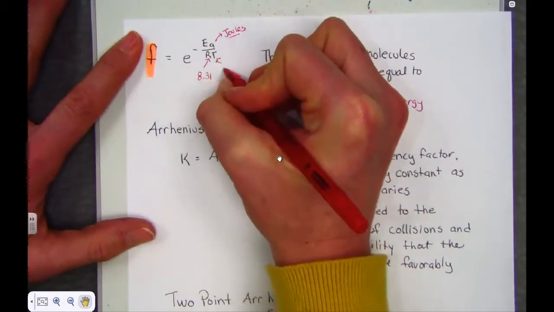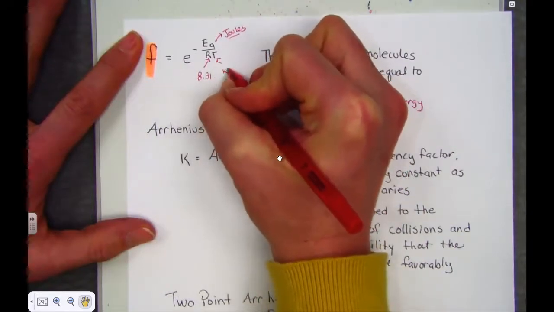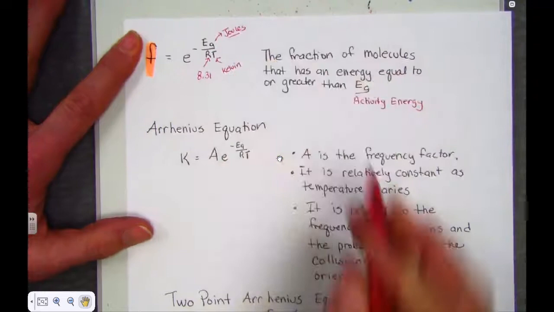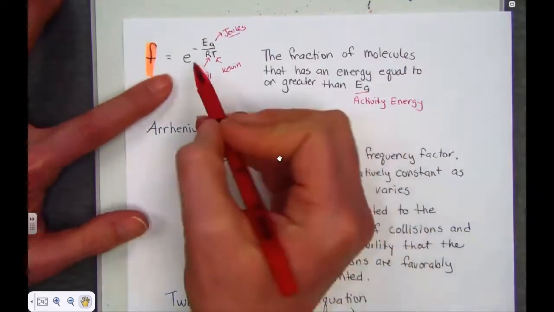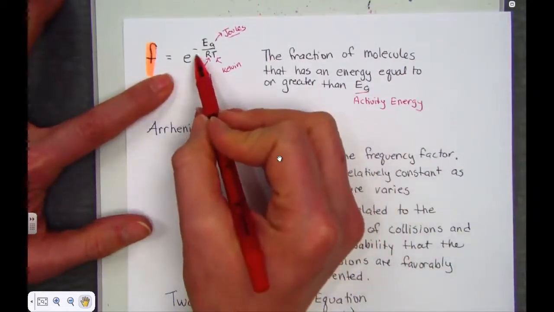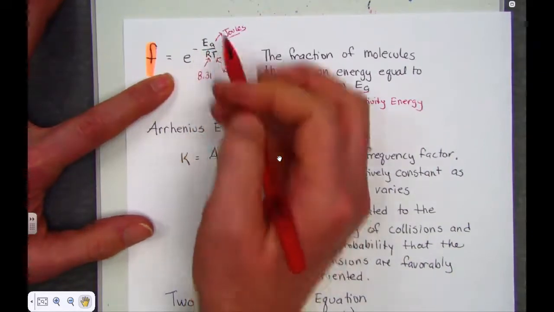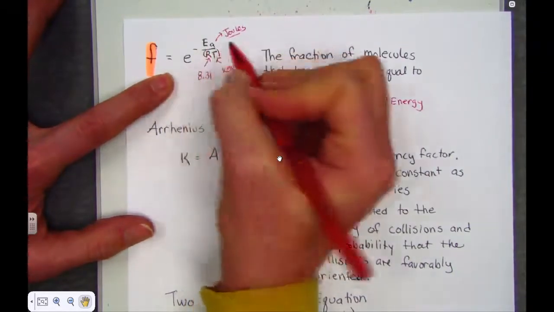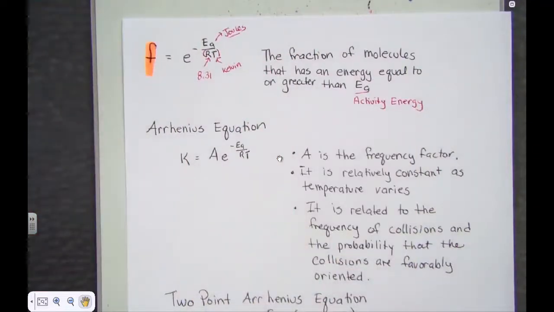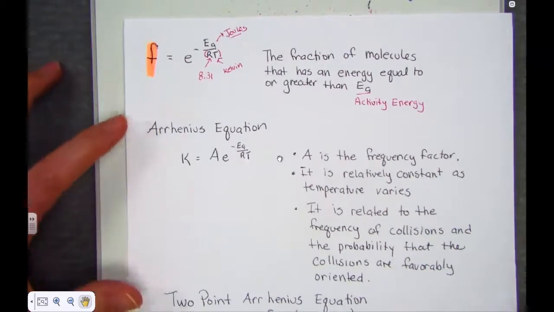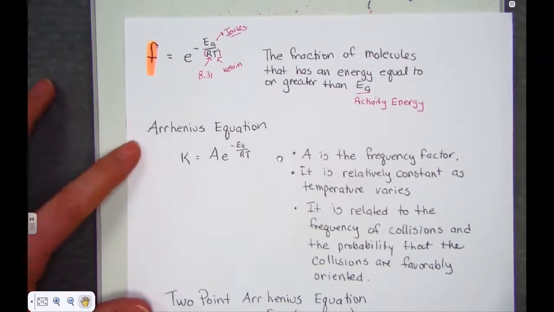And T, the temperature, must be in Kelvin, the absolute temperature scale. The opposite of natural log raised to the power of negative Ea over RT, and maybe a little parenthesis here, help for calculator skills: Ea over RT will tell us a number, and that number tells us how many molecules are meeting the criteria to actually make it over that energy barrier called activation energy.